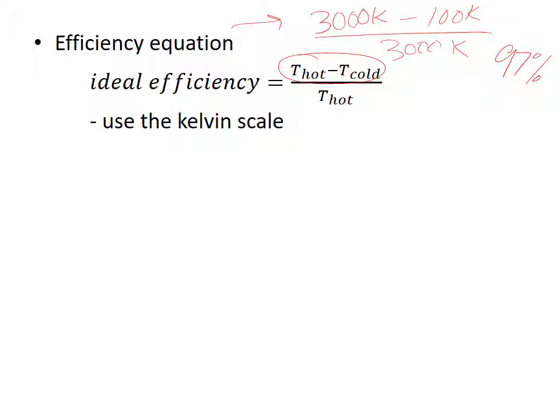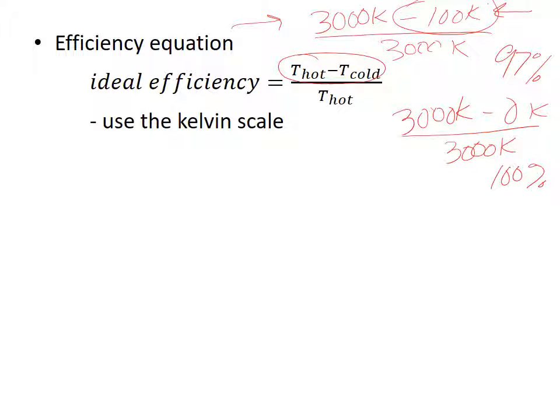So how could we get this top number to be exactly the same as the bottom number? We would have to have a cold reservoir of 0 Kelvin. If we had a 3000 Kelvin hot and a 0 Kelvin cold, 3000 minus 0 is 3000, and 3000 divided by 3000 is 1, or 100%.